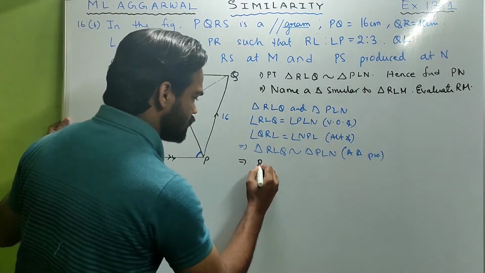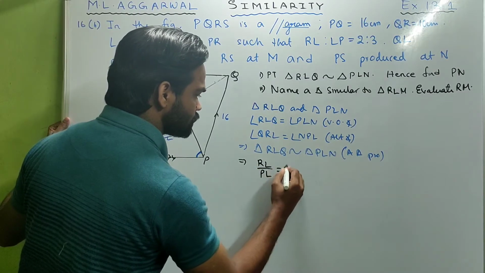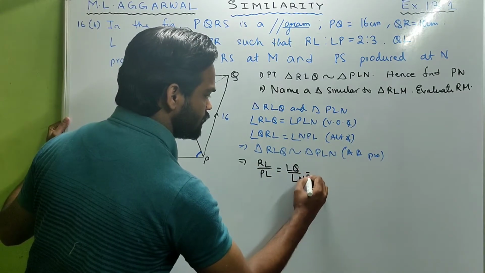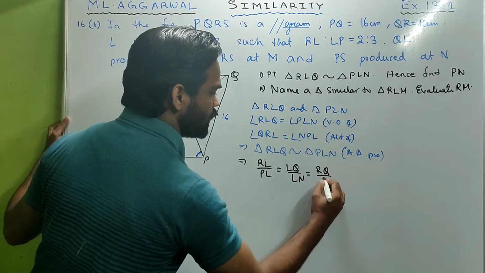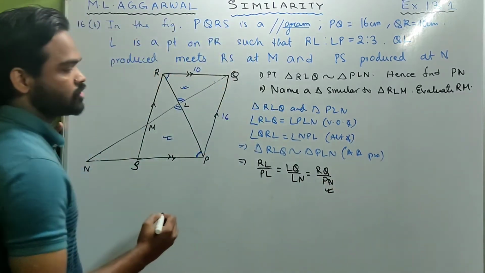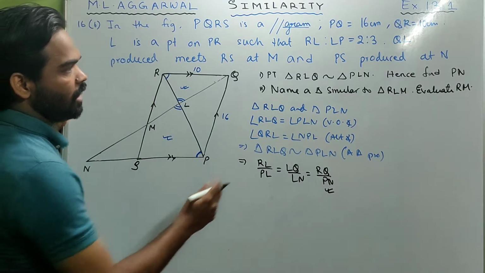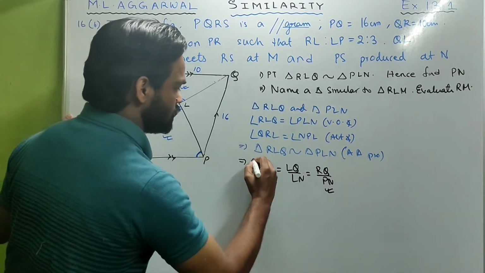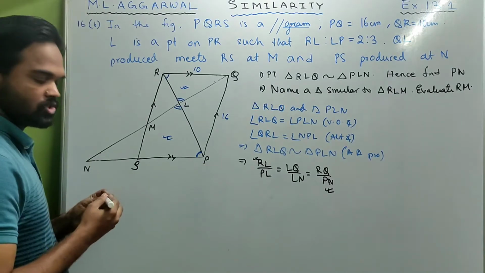means can I write RL by PL, LQ by LN is equal to RQ by PN. They have told us to find PN, so I'll take this one, and RL by LP is given. Take the first and the last one.